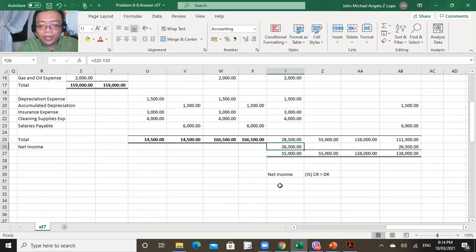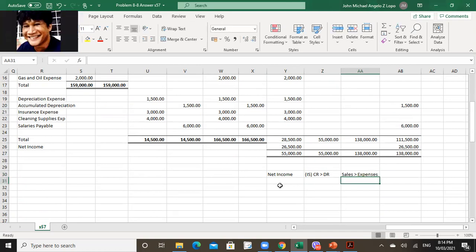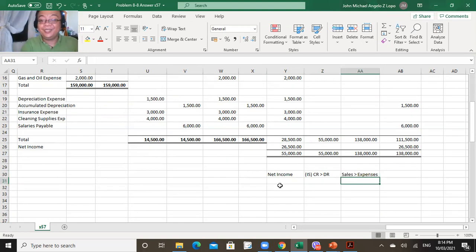You have a net income. Why? Because, bakit credit is more than your debit? Because your sales, tama ba, is more than your expenses. That's the reason why you have a net income. Correct? Yes or no? Di ba?